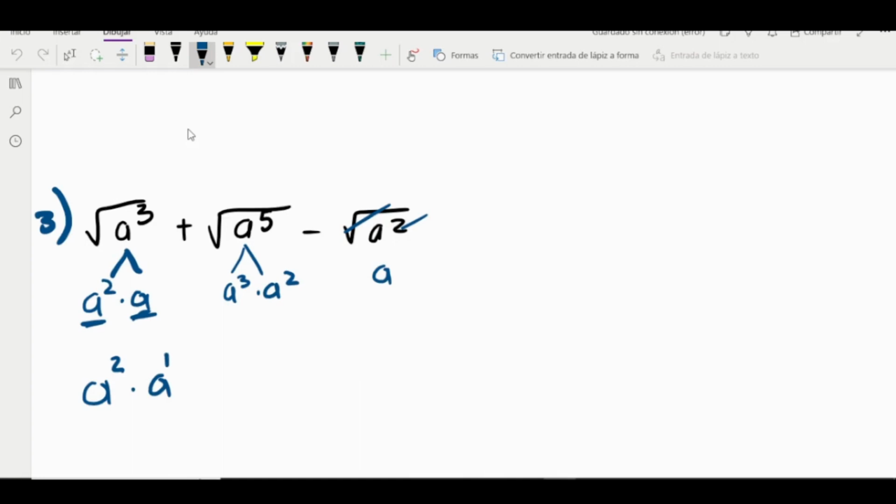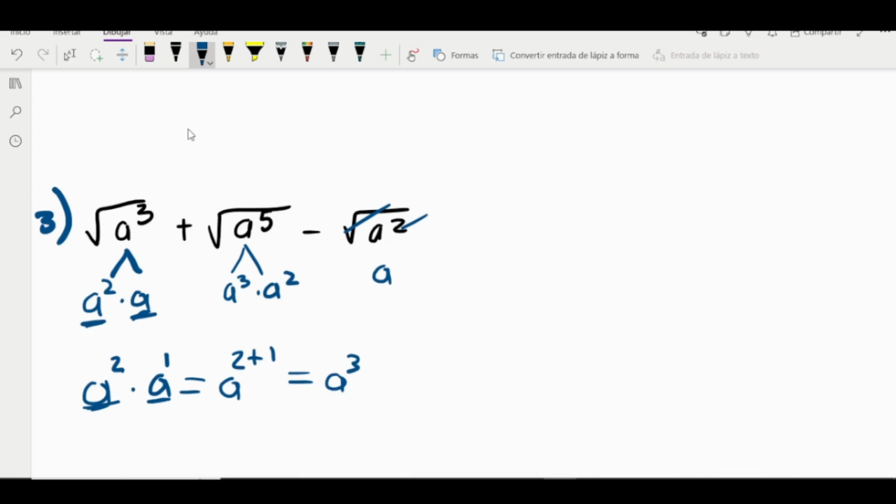Whenever you see a letter and no number, we consider it a 1. So we have a squared and a to the 1, with the same base, the a. The only thing we need to do is add the exponents, 2 plus 1, and finally we obtain a cube. For this reason, we can split this.